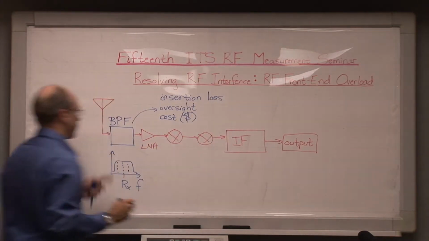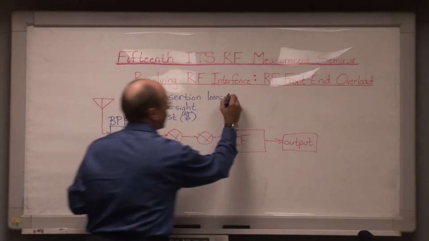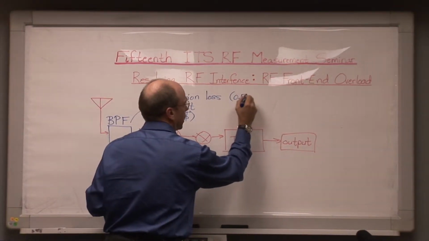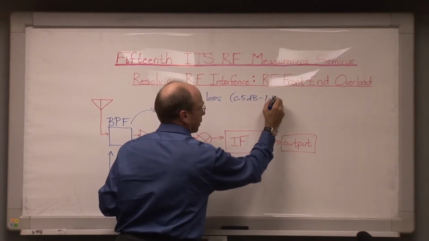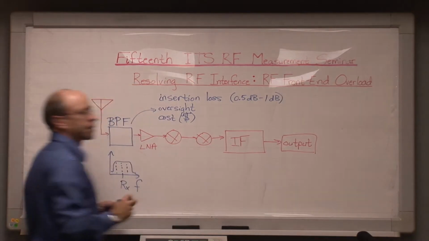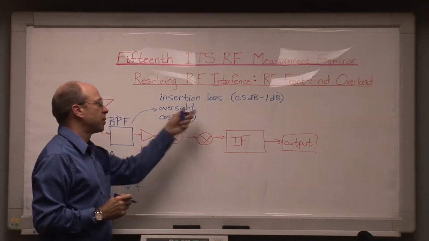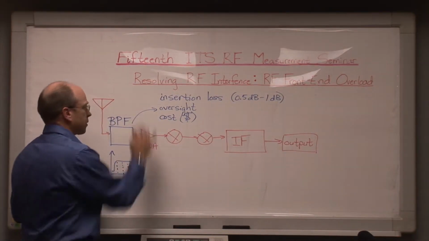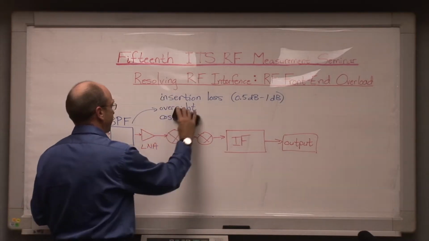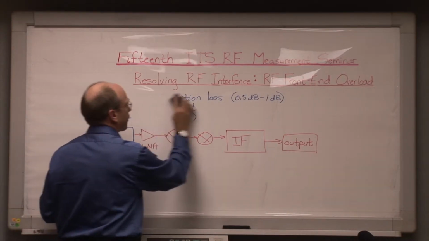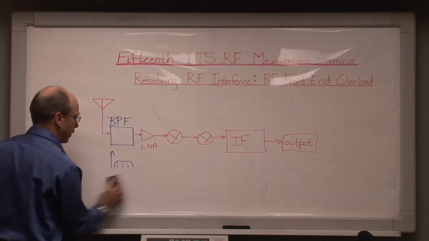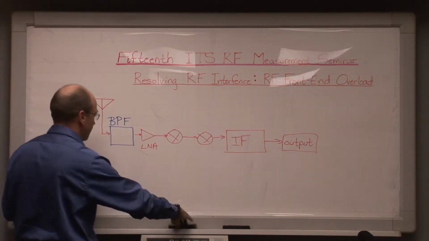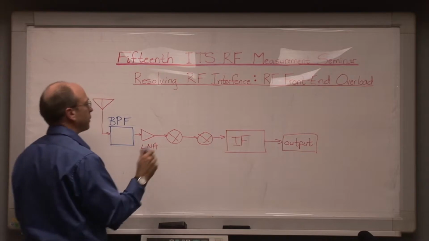Inserting a filter at a front end can introduce a half dB, maybe 1 dB of insertion loss, and for some communication systems this could be considered to be a problem. So for at least any of these three reasons, bandpass filters are sometimes not incorporated into the front ends of radio receivers.